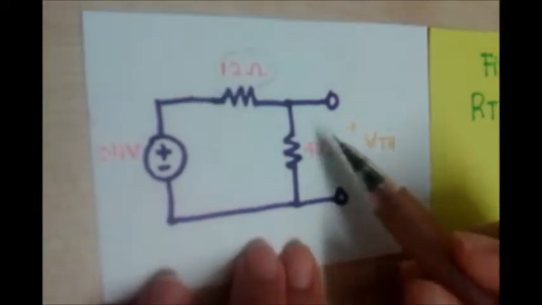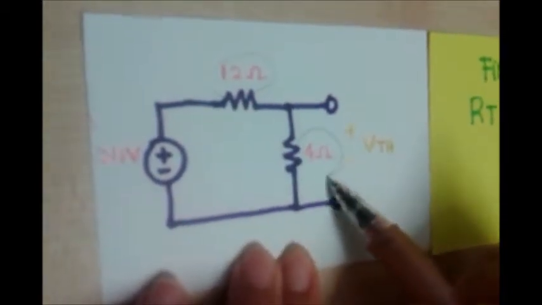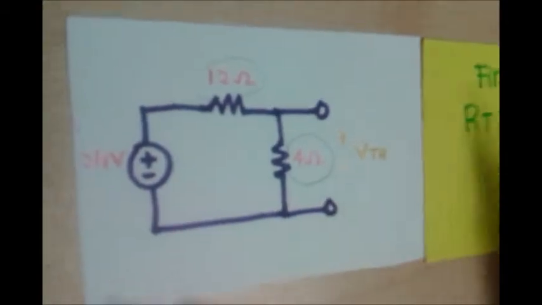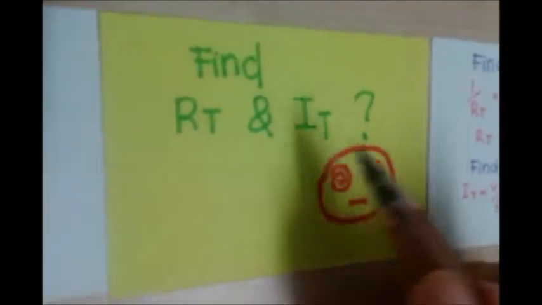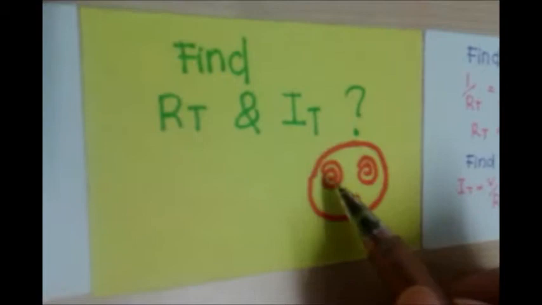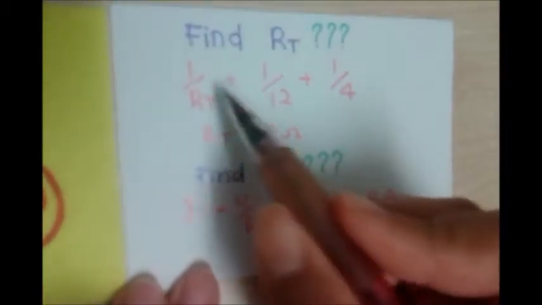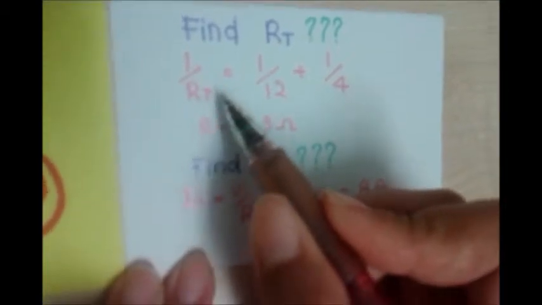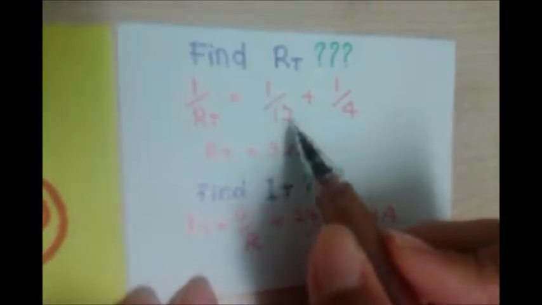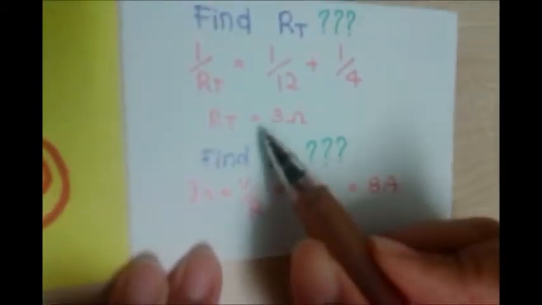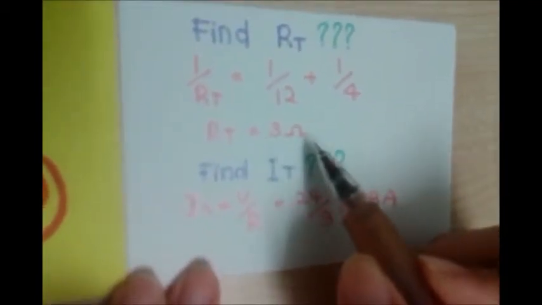Before we find the I that passes through the 4 ohm resistor, we must find the R total and the I total in the circuit. So 1 over R total equals 1 over 12 plus 1 over 4. So the R total is equal to 3 ohm.